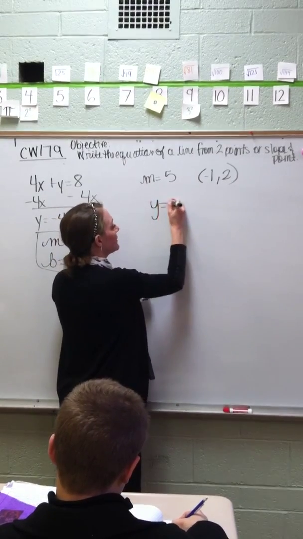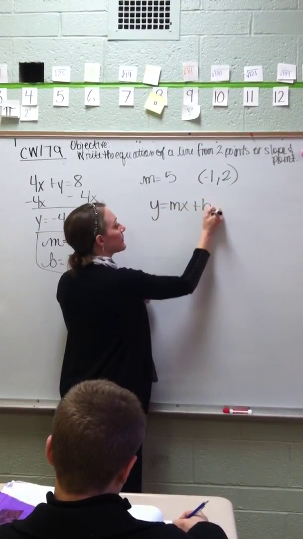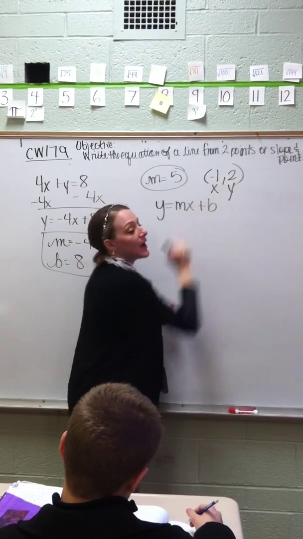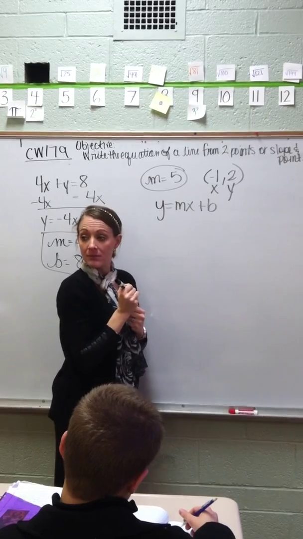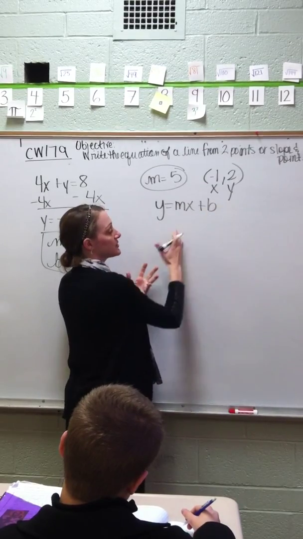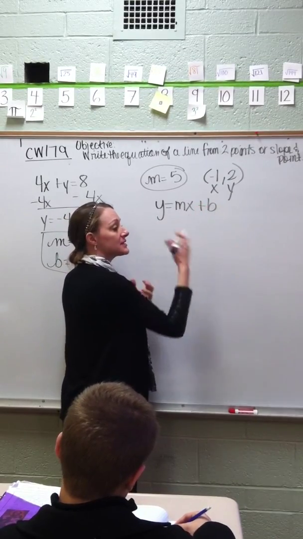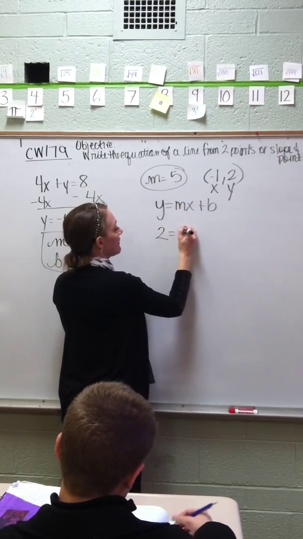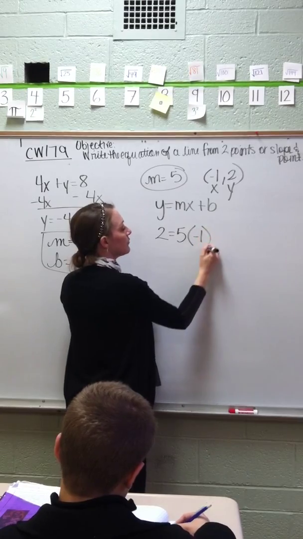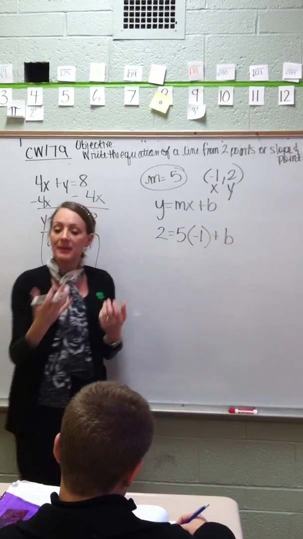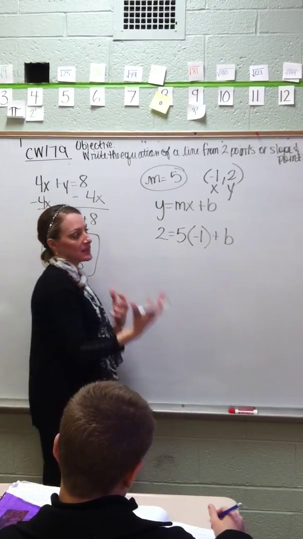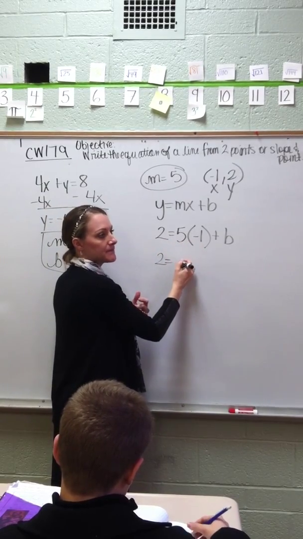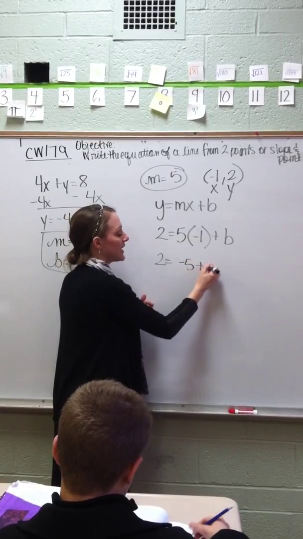So I've got y equals mx plus b. I know that this is m, this is x, and this is y. Agreed? So all I'm going to do is substitute in and solve for the missing piece. y is 2, m is 5, x is -1. I'm looking for b. So I substituted and solved. 2 is equal to 5 times -1, which is -5 plus b.